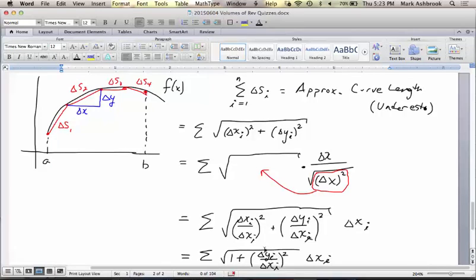No. Delta y is going to get small with it, right? What is delta y over delta x? What does it mean? Okay, right. It's the slope of this, or what? The rate of change. So if delta x gets small and delta y gets small with it, what does that become?